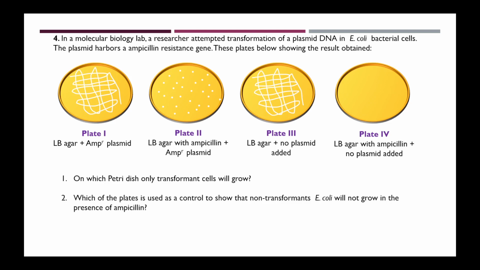Out of these 4, which one is the particular Petri plate which is showing the transformants? If we see the first plate, this is LB plate only without antibiotic, and here you have transformed the plasmid, and you have got a lawn kind of structure. So do you think here you have got all the cells which are transformant only?